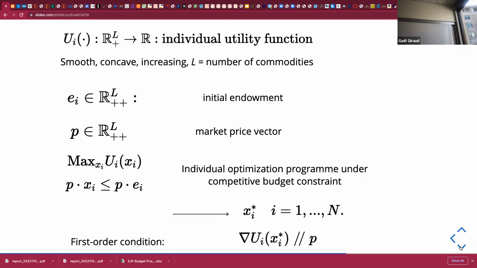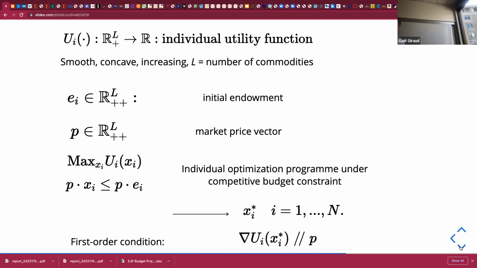Because I'm going to trade with Michael, one pizza against the other. And of course, I can afford to buy only what I can get with what I sell. So given the conditions I took here, that's a nice convex optimization program.